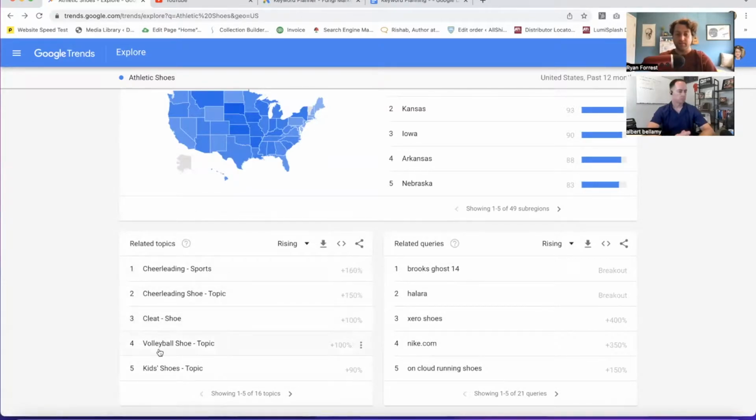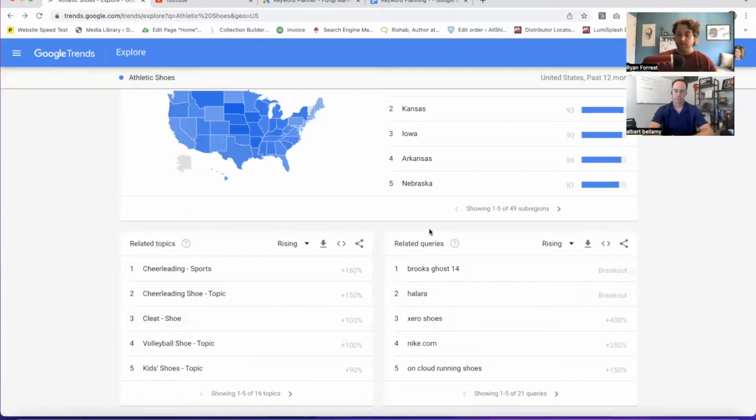These are different topics I could write SEO content about. Talk about best shoes for volleyball, best kids athletic shoes, best cheerleading shoes, to help support my main target category of athletic shoes in general.